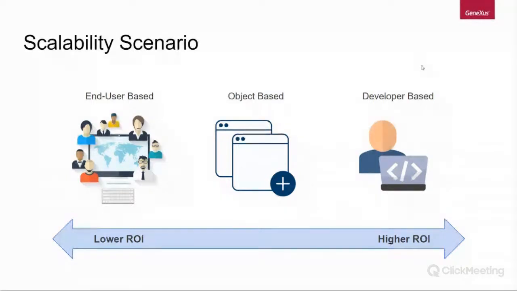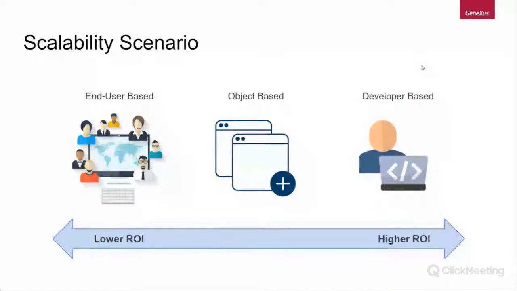So I have those limitations, and therefore we classify this licensing model in the far left with the lower ROI, because it clearly has a restraint on the growth of my software. I won't be able, with the initial investment, to grow the software user base without having to incur additional expenses. In the middle, the more balanced one, we have the object-based licensing model.